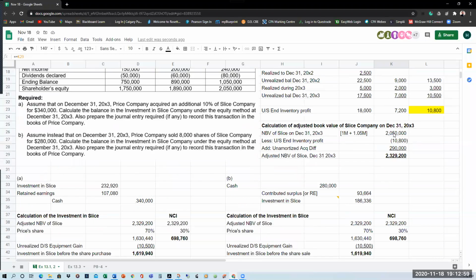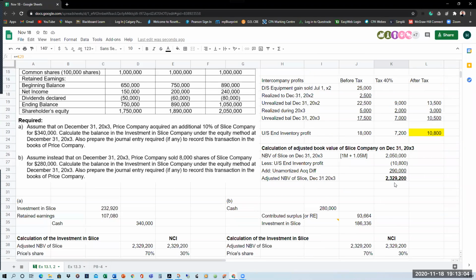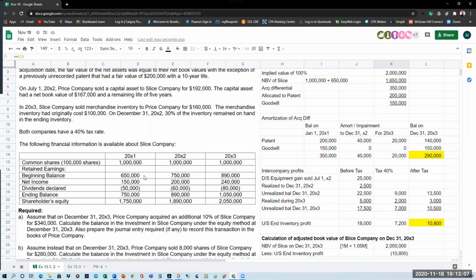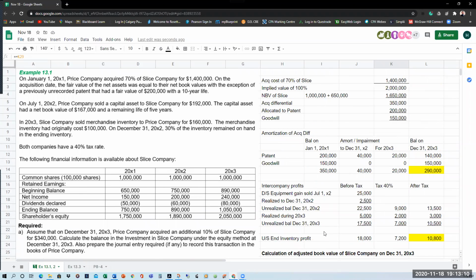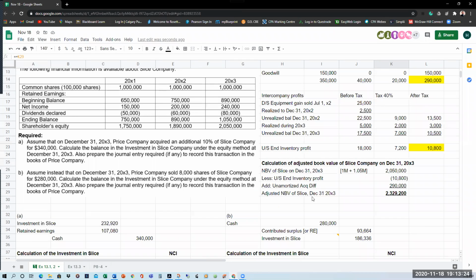On an actual exam, you're not likely going to get all these different parts. It could be just one of the parts, so you still have to make your way through. Maybe if you're comfortable, you don't need to do all of these detailed calculations and can save some time, but you still have to make sure that you have all the information you need to calculate the adjusted net book value, because your transaction is going to be valued on the basis of this adjusted net book value number.